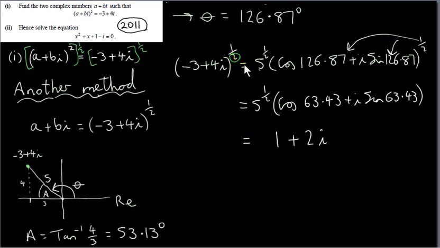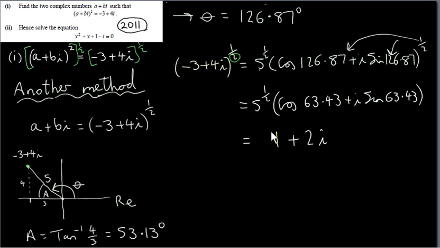The reason why we don't have to go into general polar form is because we're essentially getting the square root of this number, and we know that the square root of a number could be positive or negative. Like we know that the square root of 16 is either plus 4 or minus 4. So we have a similar notion here where we're getting the square root of minus 3 plus 4i.